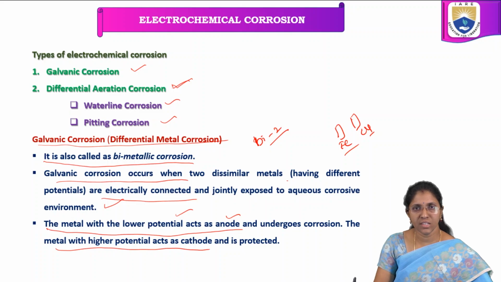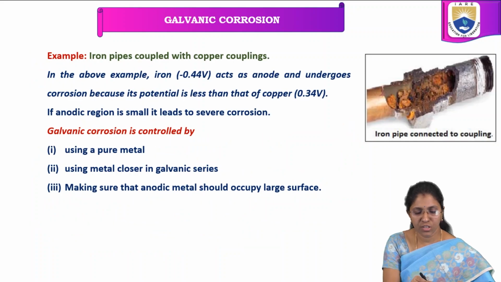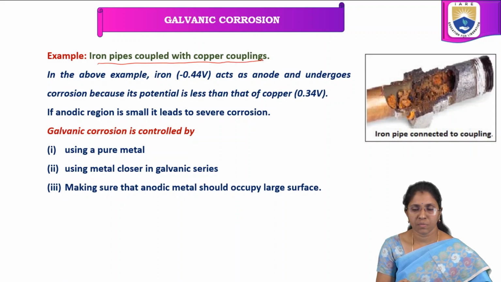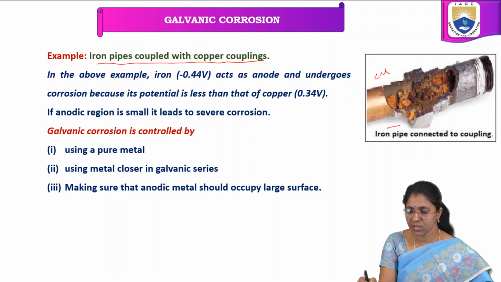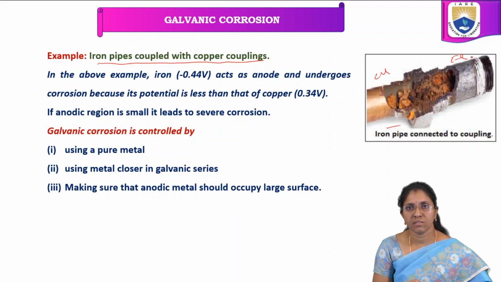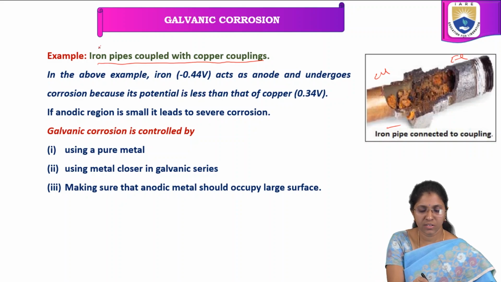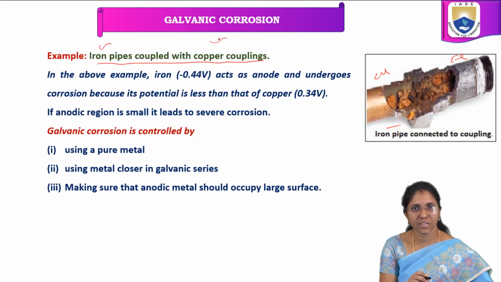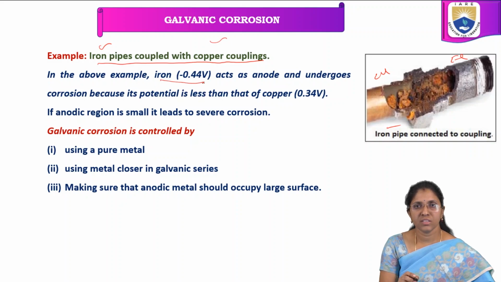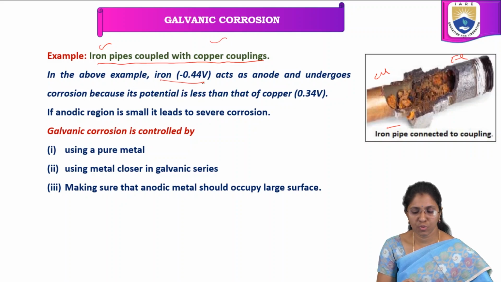So this is galvanic corrosion. An example is iron pipes coupled with copper couplings, two different metals having different potentials. Iron has minus 0.44 volts and copper has 0.34 volts, so iron has the lower electrode potential.